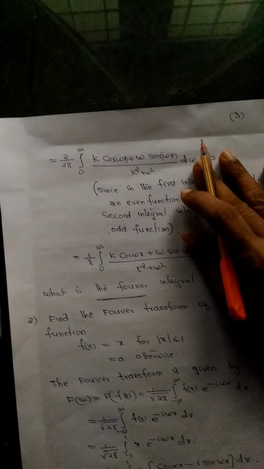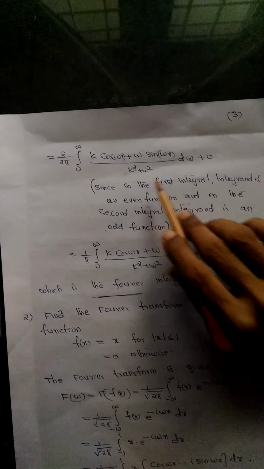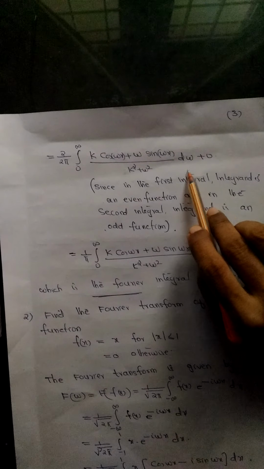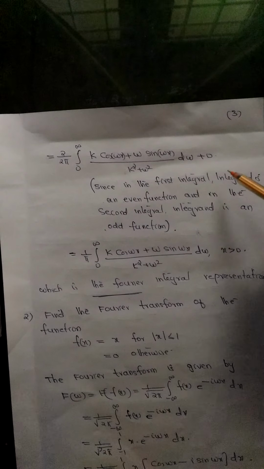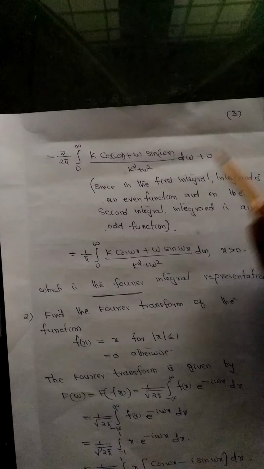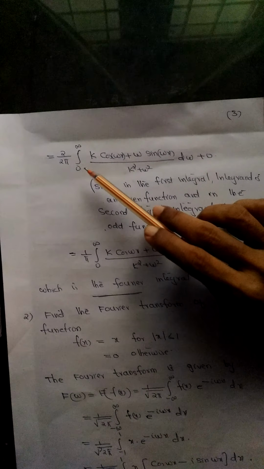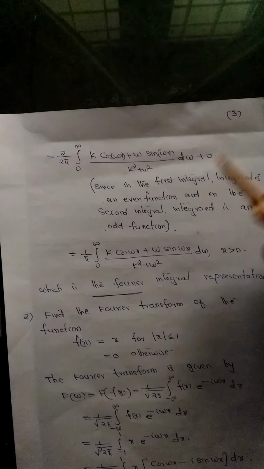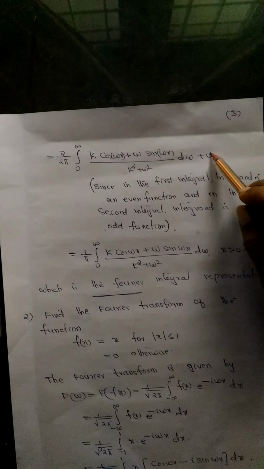So that is equal to 2 by 2 pi integral 0 to infinity of k into cos omega x plus omega into sin omega x by k square plus omega square, into d omega, plus the second integral value is 0. The reason is that in the first integral, the integrand is an even function, so the integral from minus infinity to plus infinity can be written as 2 times the integral from 0 to infinity, and in the second integral, the integrand is an odd function, so the integral value is 0.